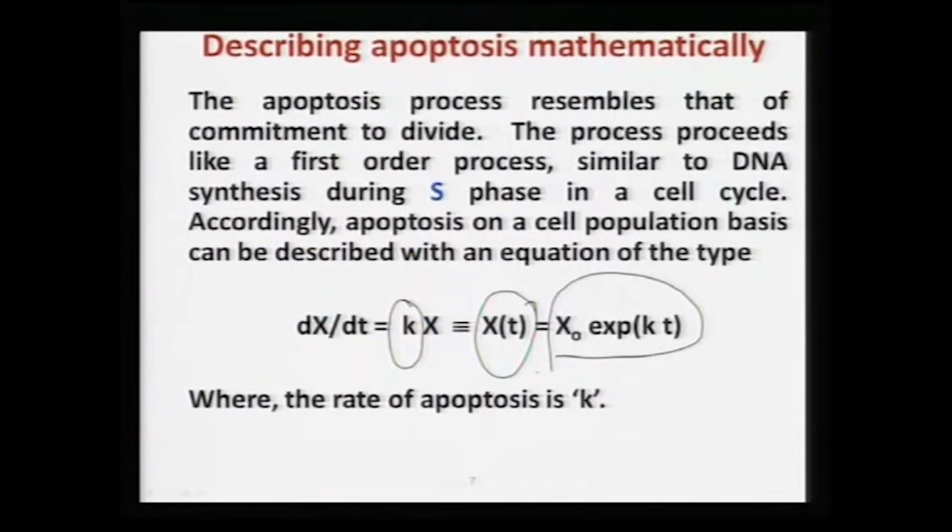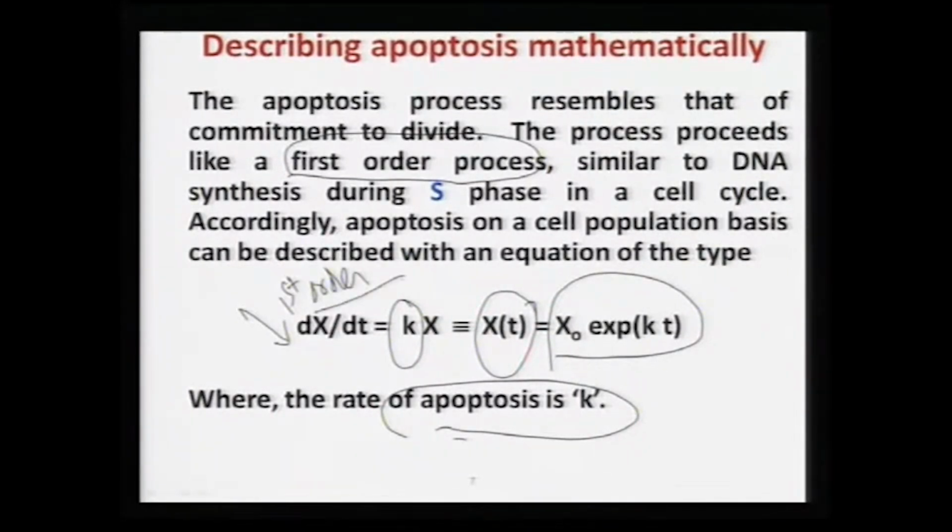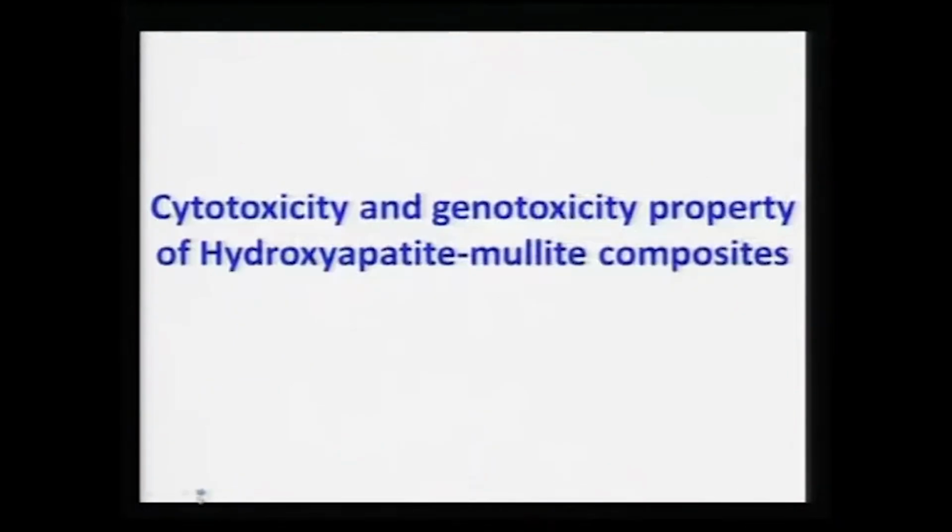And what is k? k is the rate of apoptosis. That is, the process proceeds by a first order kinetic process. So, this apoptosis is a first order kinetic process, that means dx by dt is proportional to x to the power 1.